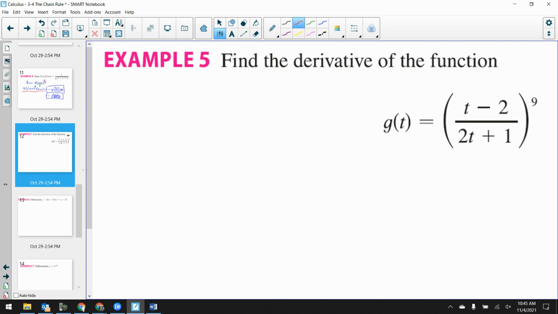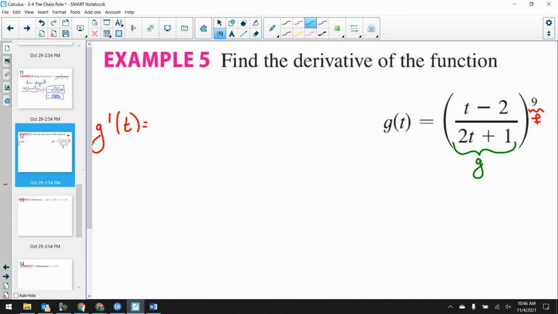For example here, if I want to find g prime of t, I know I'm using g, but f is out here, and this whole thing inside here is g. That entire fraction is g.